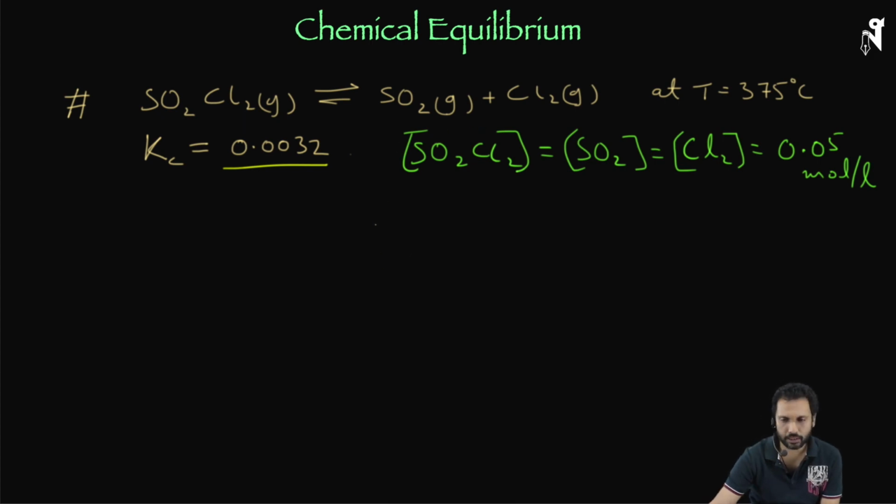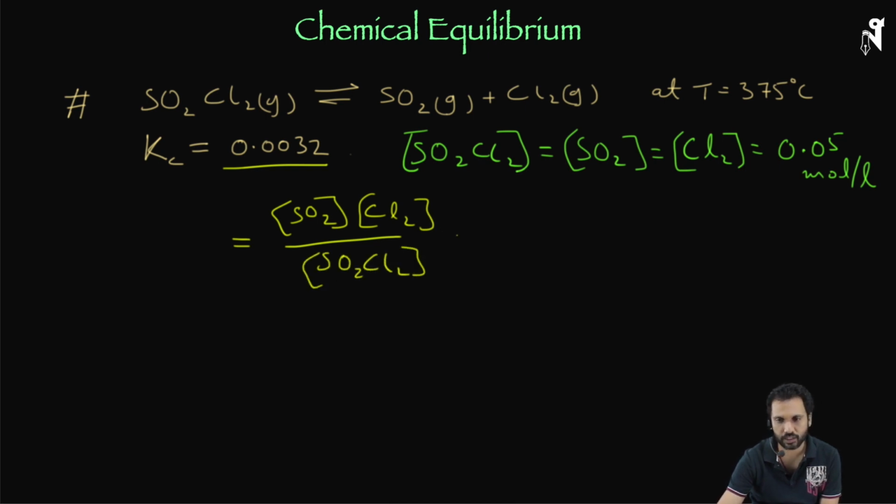So I hope you got the answer. Going forward, we have to do the same thing. Since all concentrations are given to you, we can find the value using the formula of products divided by reactants, that means SO2 to the power 1, Cl2 to the power 1, and SO2Cl2 raised to the power 1.